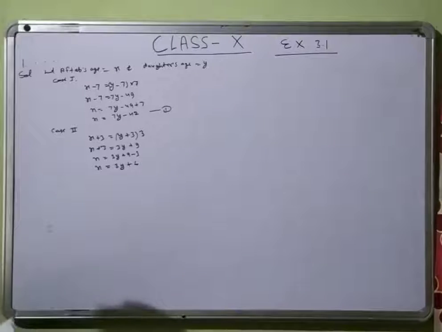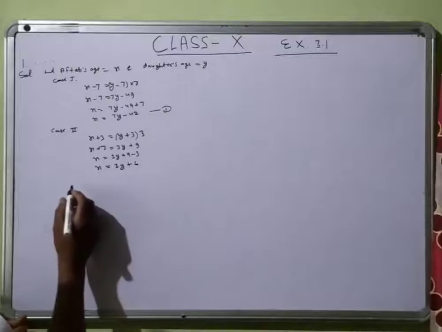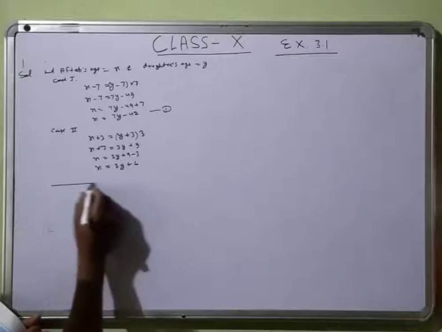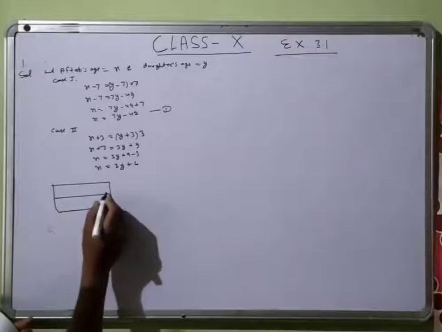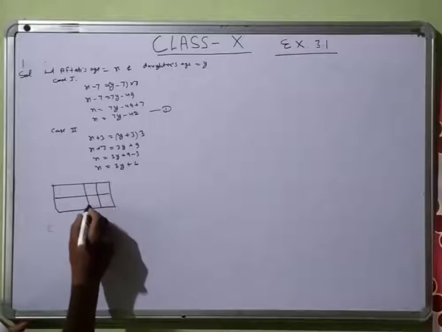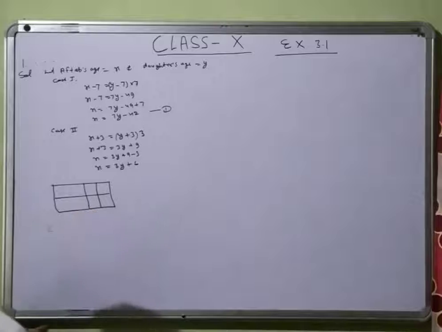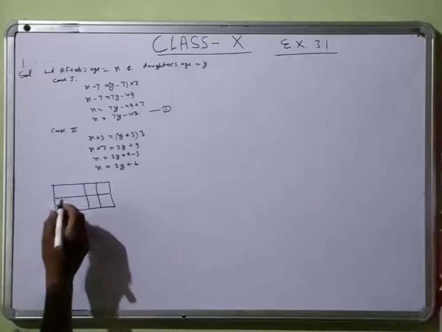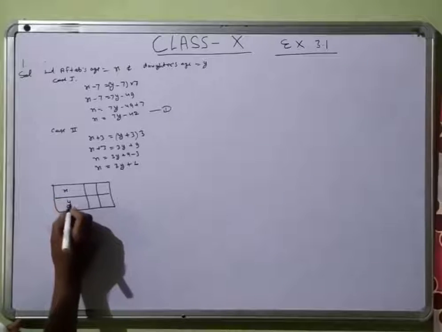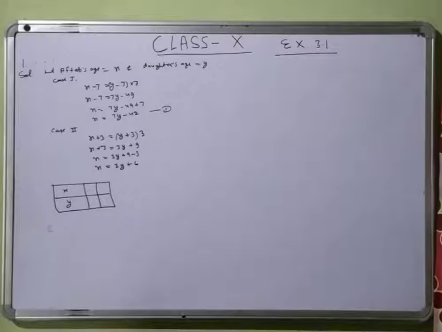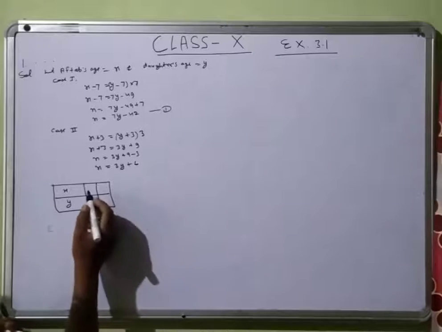Right? Now we'll make the table for graphically. This is algebraically, and then we are doing graphically. We will take two values, x and y. Here we can suppose different values.